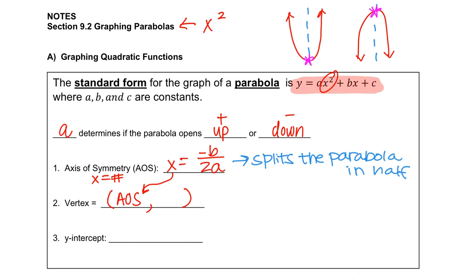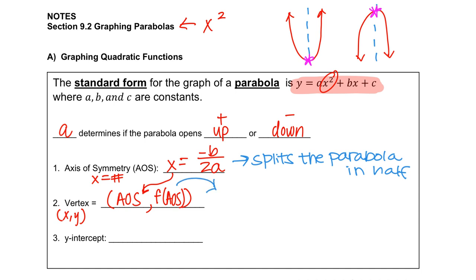Whatever x is from that formula, you write that as the x value of your vertex. And then the y value, we're going to write this down and then talk about what it is. The y value is f of the axis of symmetry. So let's talk about what that means because that looks weird.